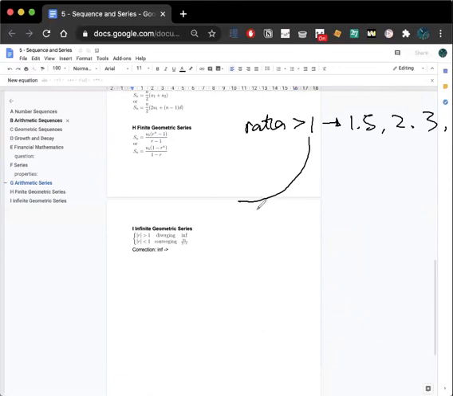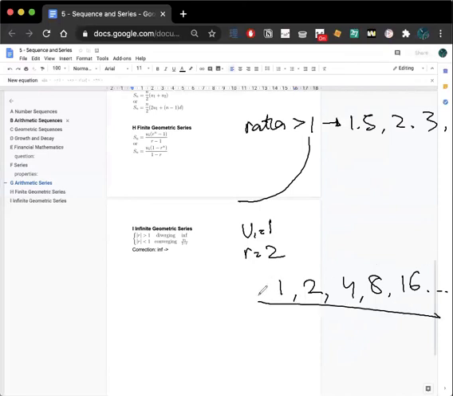For example, if the first term is 1 and the ratio is 2, you get 1, 2, 4, 8, 16, etc. If you add up an infinite amount of it, the answer would obviously be infinity, because it's constantly increasing and there's no way to find the infinite sum.